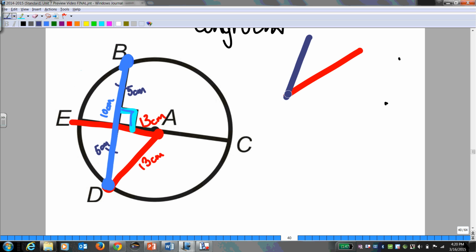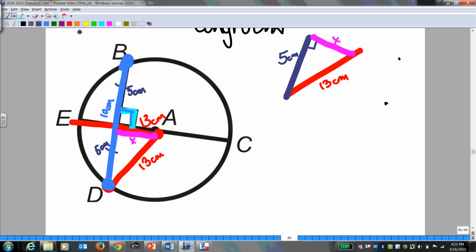And I have here that's 5. First thing I'm going to go for is that piece right there. And I don't know that. So that's 5 centimeters. That's a right angle. This is 13 centimeters. And this is going to be our x.